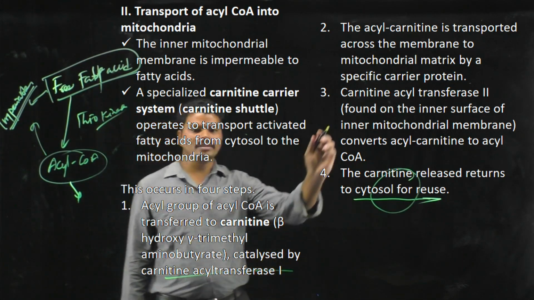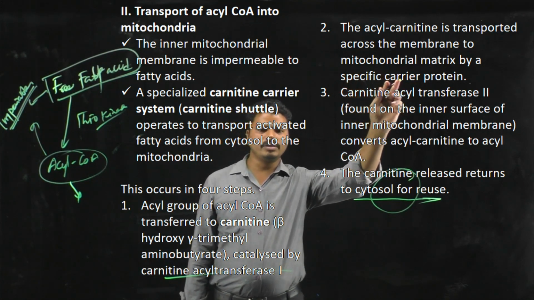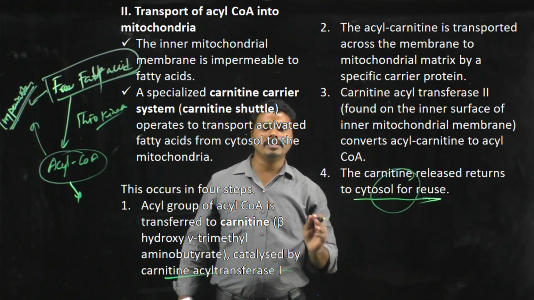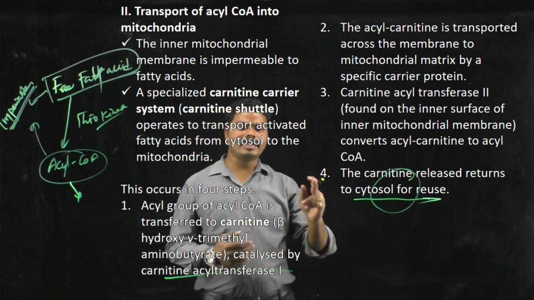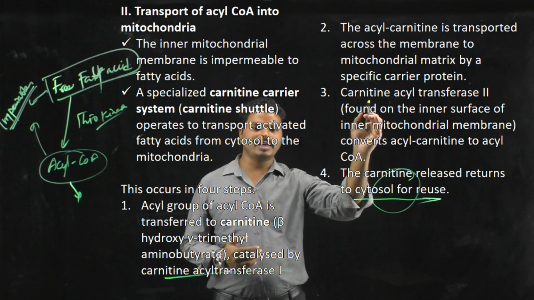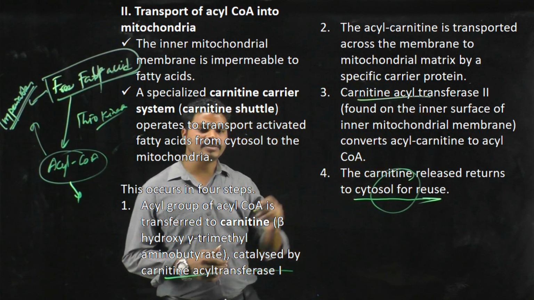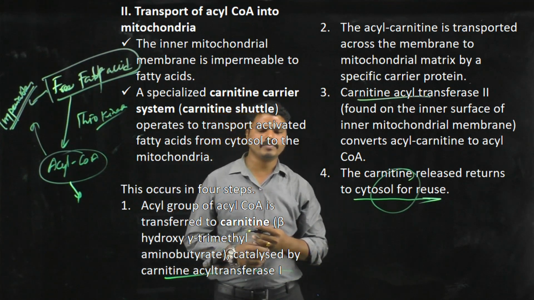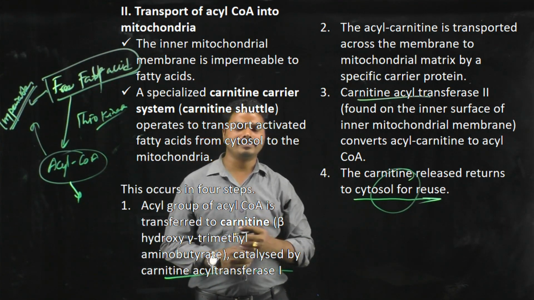After that, the acyl carnitine is transported across the membrane into the mitochondrial matrix by a specific carrier protein. The carnitine acyl transferase 2, another enzyme, is found on the inner surface of the inner mitochondrial membrane, and it will convert the acyl carnitine to acyl-CoA.